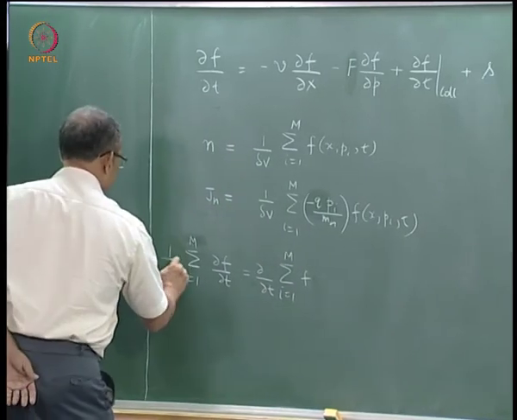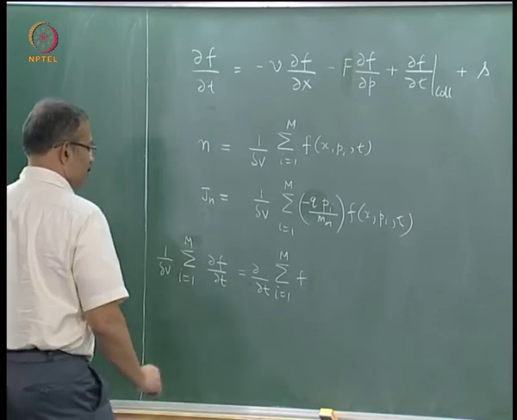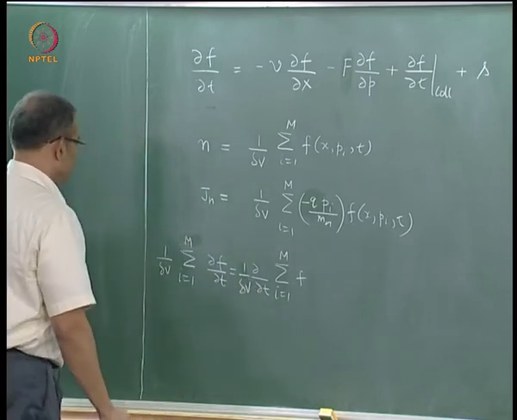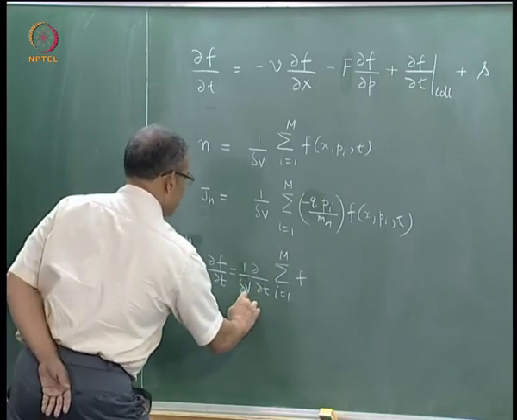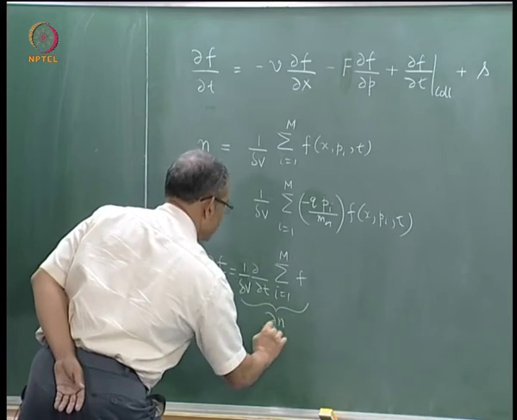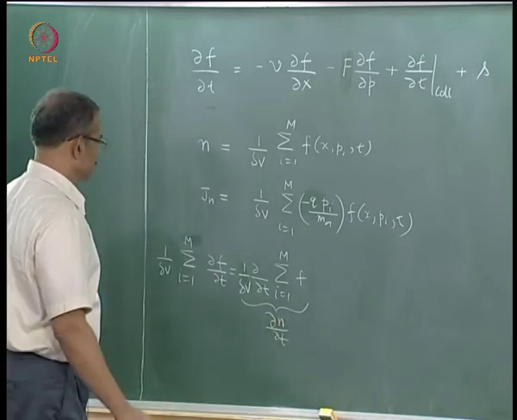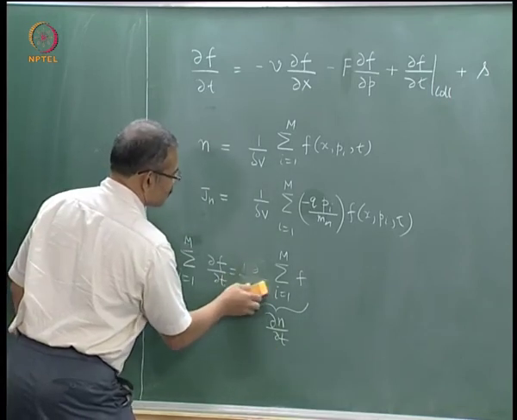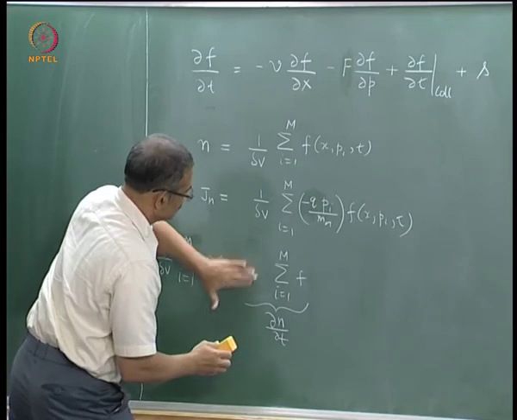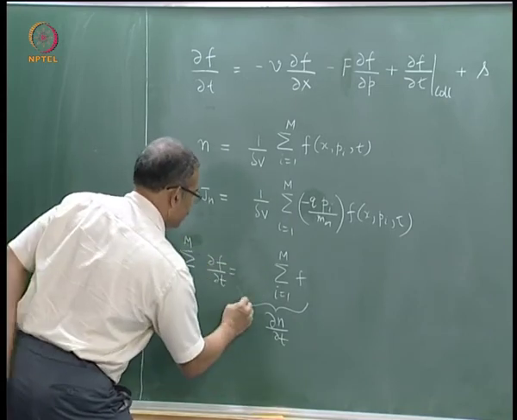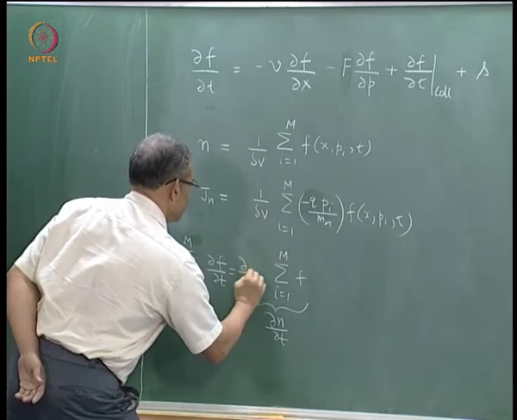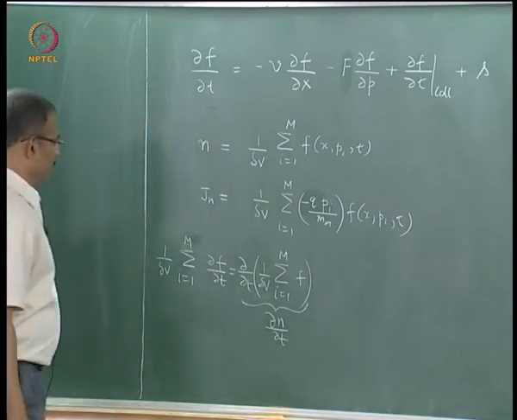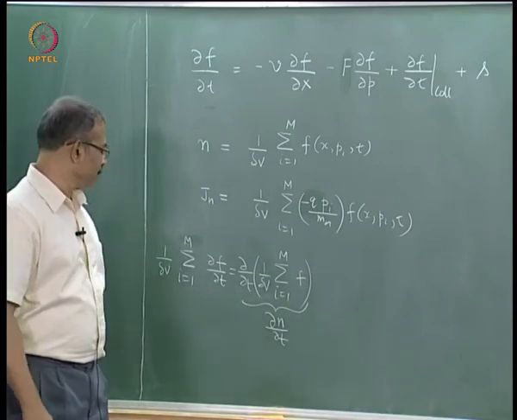Now if I divide by local volume delta v, I divide by local volume delta v here also, then this quantity I can easily identify as dou n by dou t. In fact, I can push the delta v inside here further. I can write this as dou by dou t of, so I can identify it as dou n by dou t.